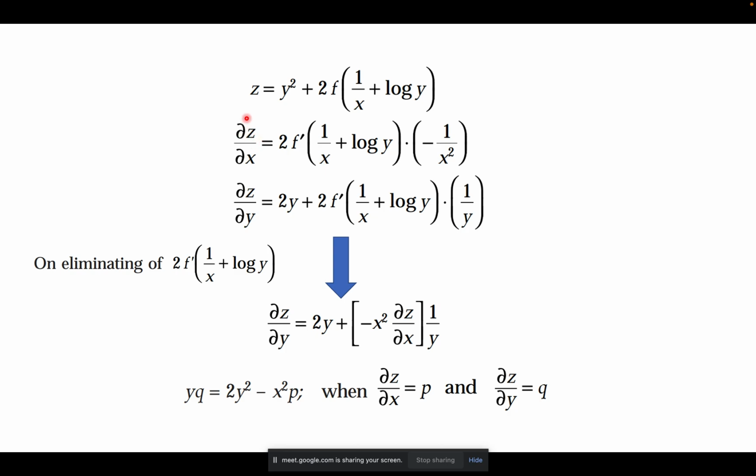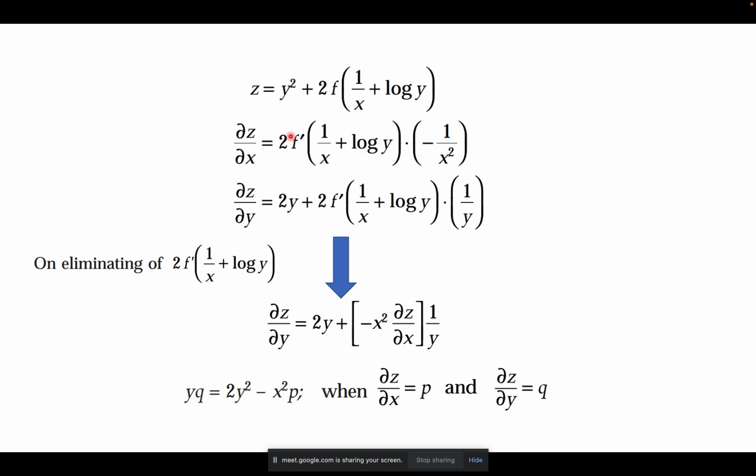You can ask what is the partial derivative of z with respect to x. The first term doesn't have any function of x, so its derivative with respect to x will be 0. But this function is a function of both x and y, so you take the derivative of this function.